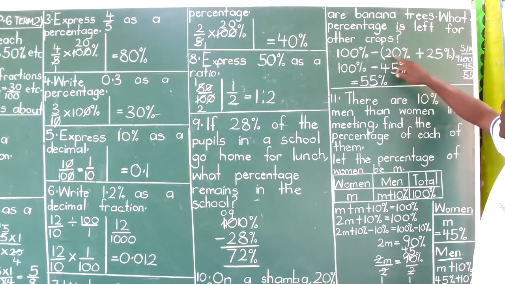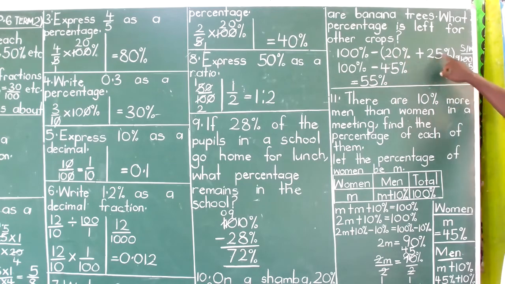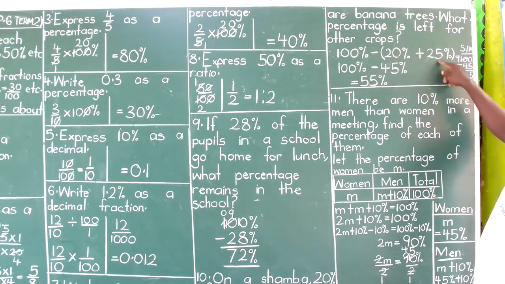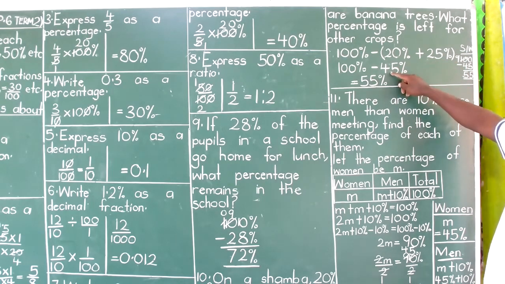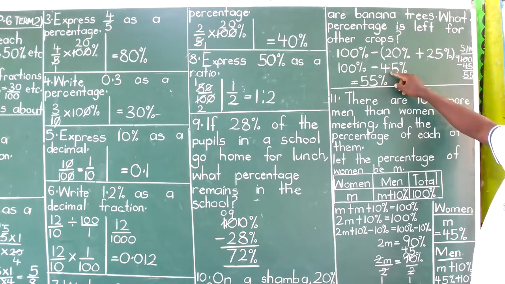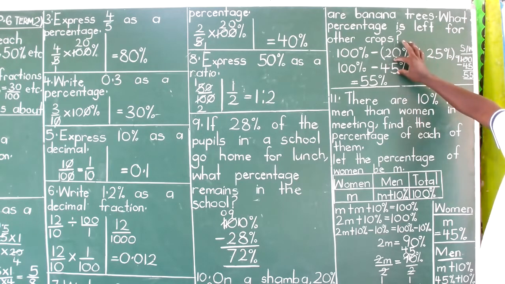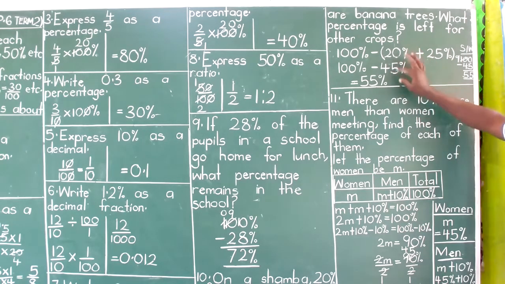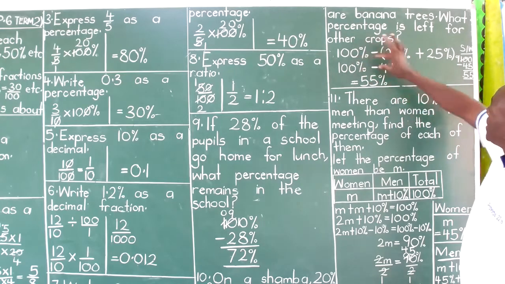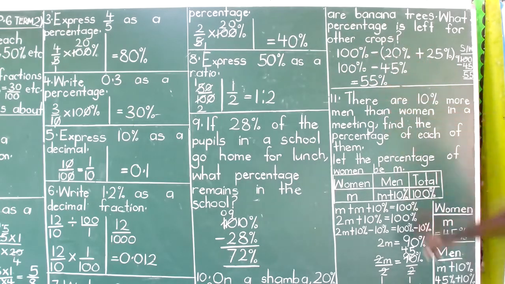So 100% minus the sum of 20% plus 25%. Where 20% plus 25% is 45%. So the coffee trees and banana trees make a total percentage of 45%. So you get 100% minus 45%, you will get 55%, which is left for other crops.